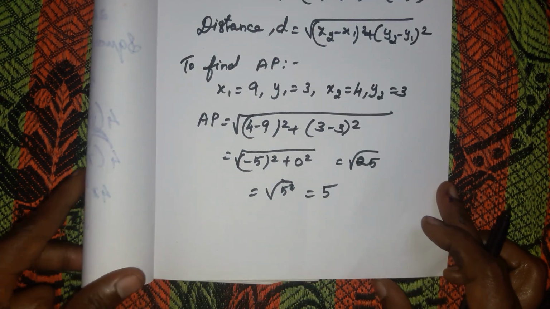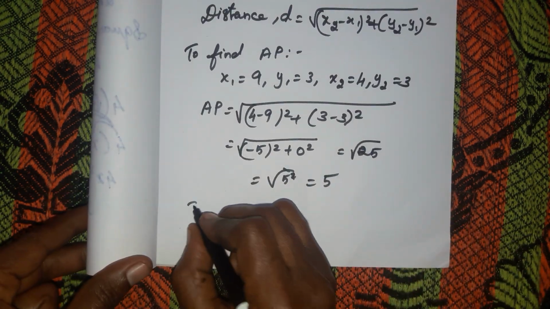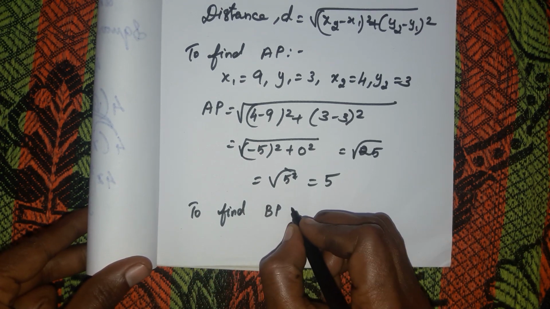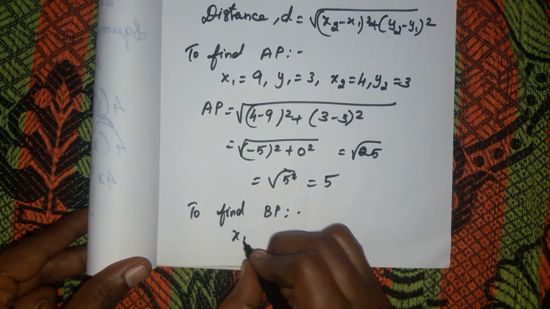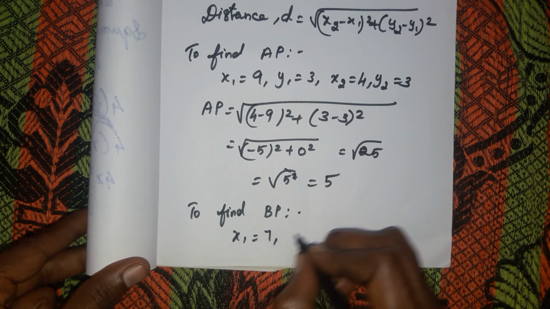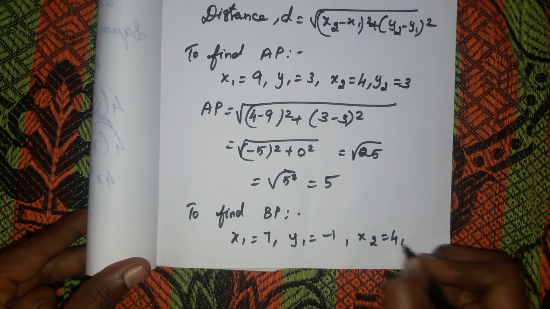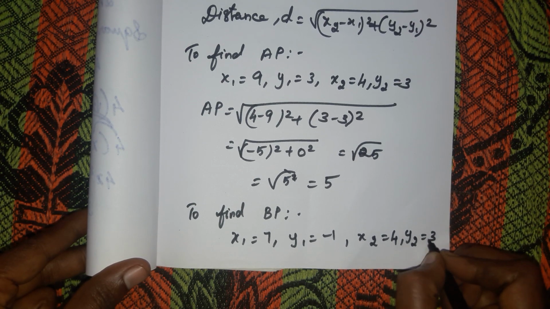Next, to find BP. x1 is equal to 7, y1 is equal to -1, x2 is equal to 4, y2 is equal to 3.